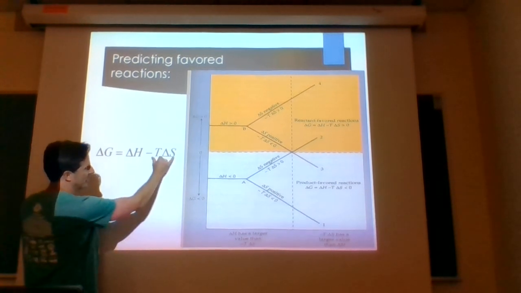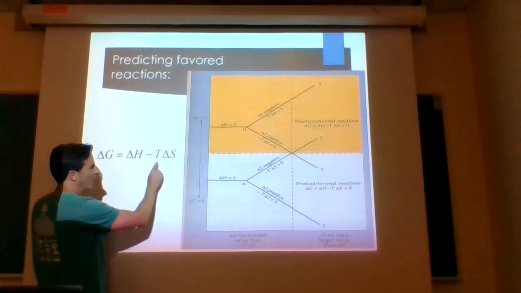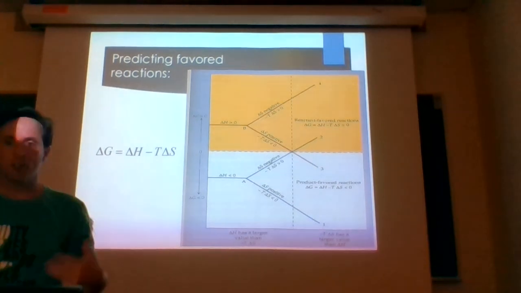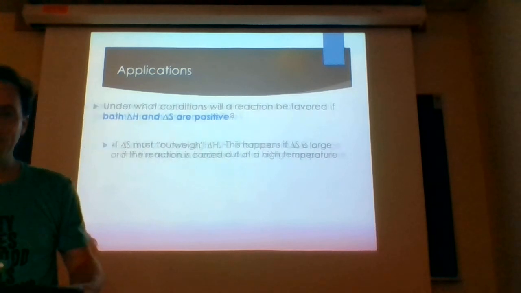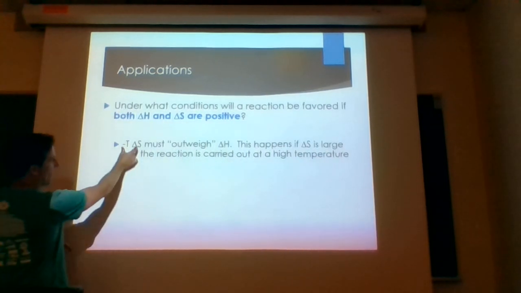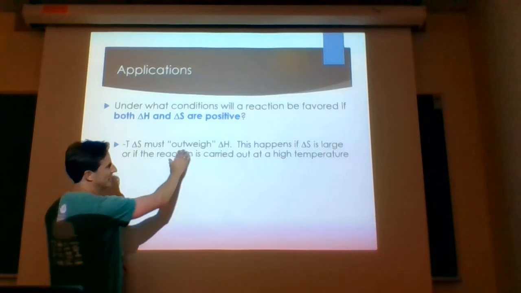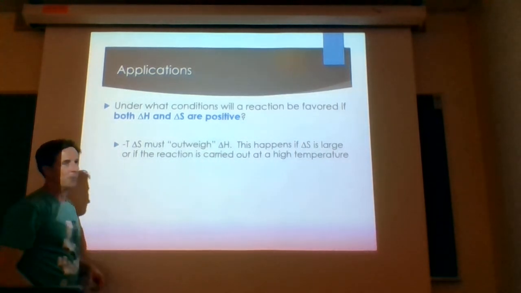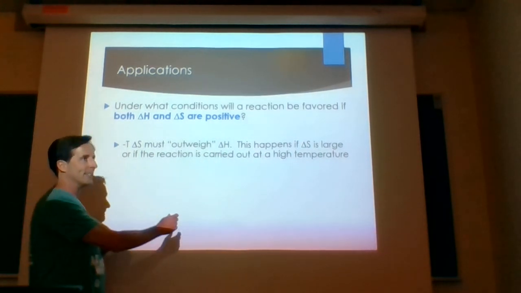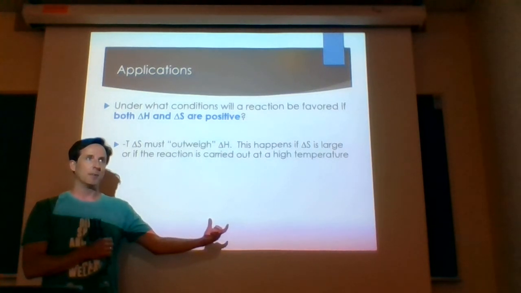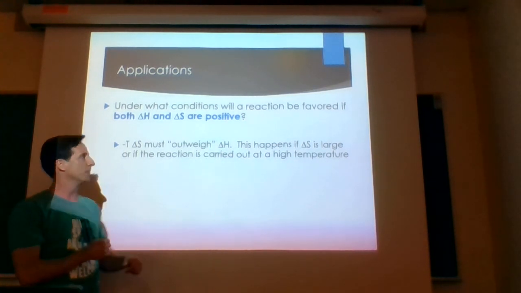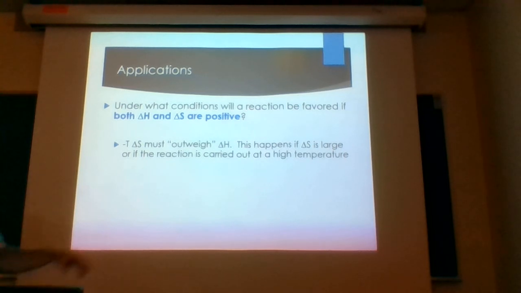So in order for this term to be the dominant term, I need high temperature. So on the next slide, it says the second part of the equation, the T delta S, needs to be the dominant factor. It needs to outweigh the delta H, so that I'm doing a positive number minus a bigger positive number. That'll give me a negative answer. So that reaction will work if you do it at high temperature.